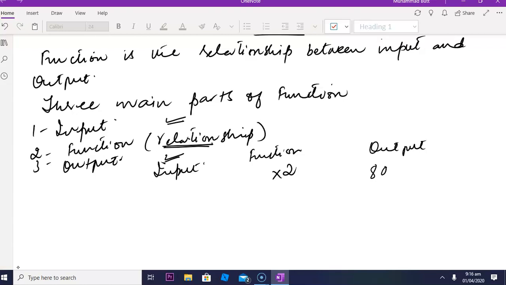You can do reverse calculation. 80 will be divided by 2 in order to get the input, because we don't know the input, so we'll do reverse calculation. It means that if the function is given to you, if you know the input, you can find out the output, and if you know the output, you can also find out the input, but you will do reverse calculation.